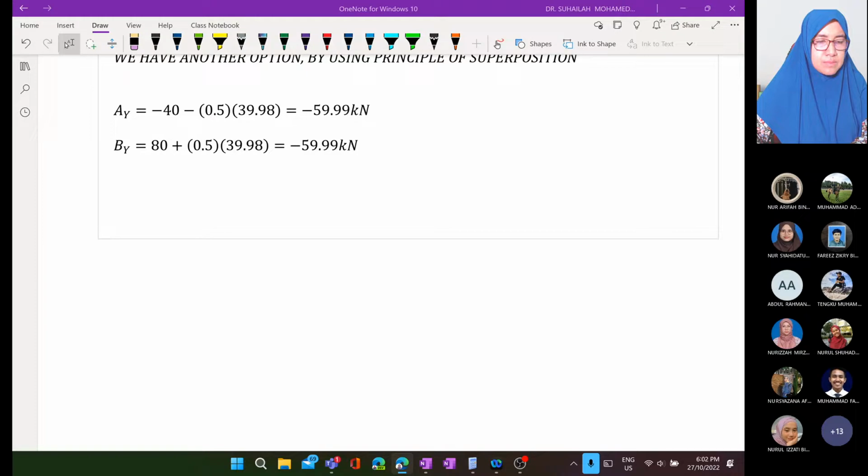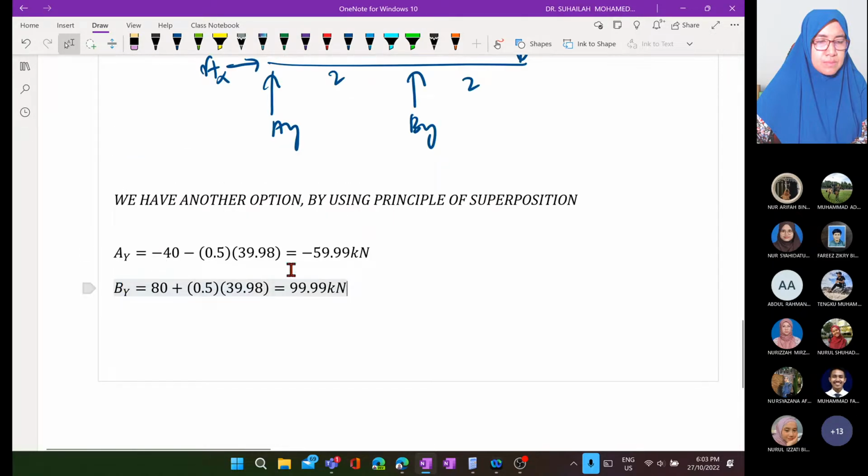Actually you can use the principle of superposition to complete the analysis and get all the unknown reactions, and you can use the equilibrium equation for checking. So Ax is equal to 0.